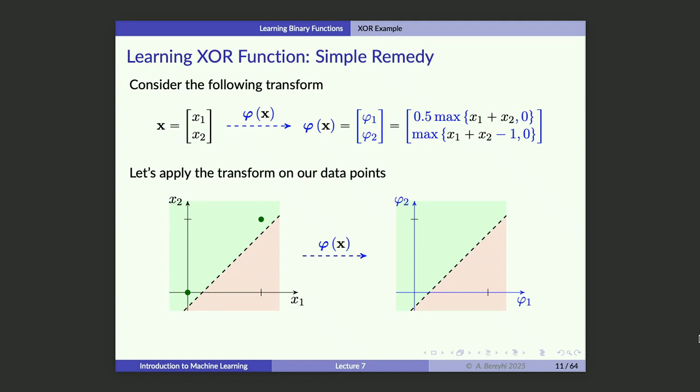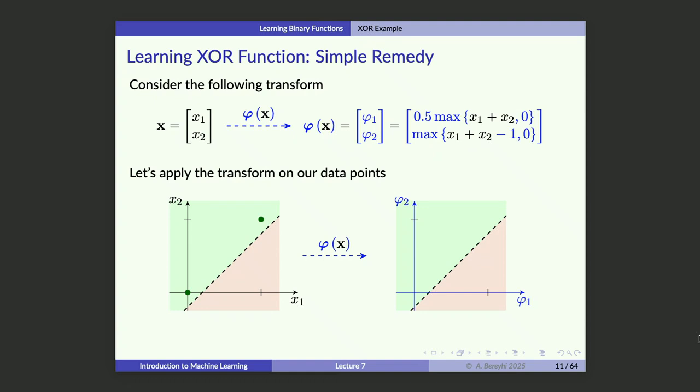What if I just insert 1, 1? What's going to happen? If I put 1, 1, so here it's going to be 1 plus 1, right? Max of 2 and 0 is 2. Multiply by half, it's 1. Now, here is 2, okay? And then again, I put 1, 1 here.